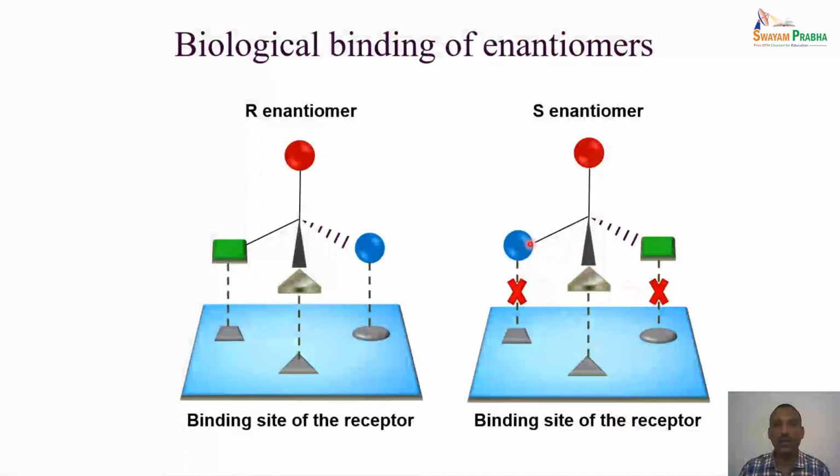In other words, only one of the enantiomers functions as expected, whereas the other enantiomer may have some deleterious effect. That's the reason we have to be very careful in synthesizing drug molecules.